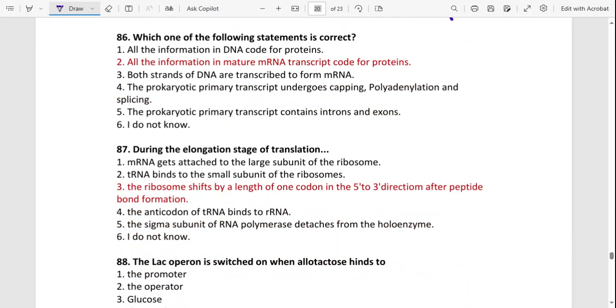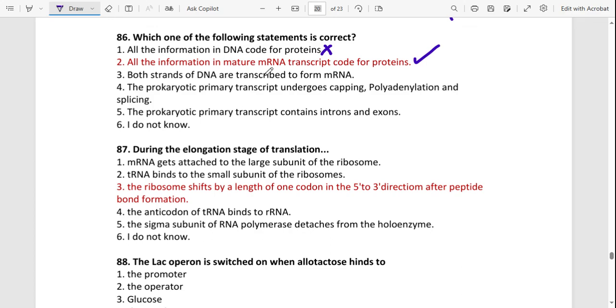Which one of the following statements is correct? All the information in DNA codes for proteins. This is not true. You have some portions that don't code for any protein, like the introns. All the information in the mature mRNA transcript codes for protein. Yes, mature, because it has undergone modification, so you have removed the introns.